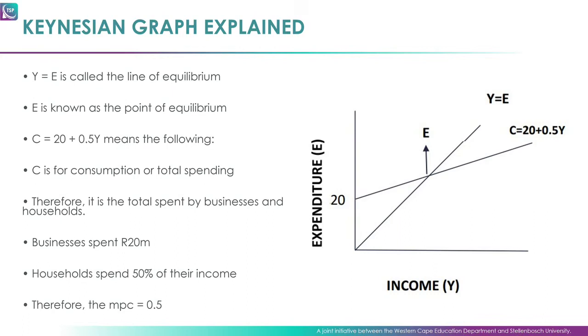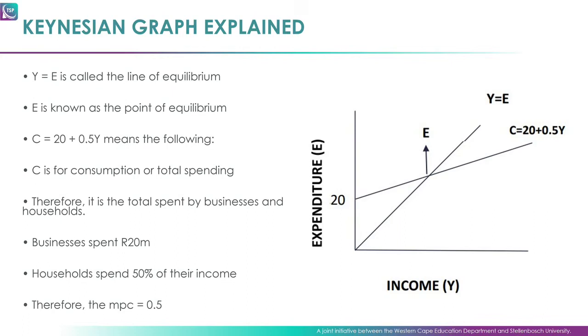And then C is equal to 20 plus 0.5Y. So what does all of this mean? C, the letter C, stands for consumption or total spending, right? And therefore, it is this total that is spent by businesses and households. So your 20 is representing what is being spent by businesses, whereas the 0.5Y is telling us what households are spending.